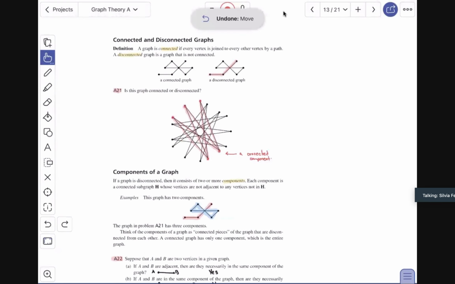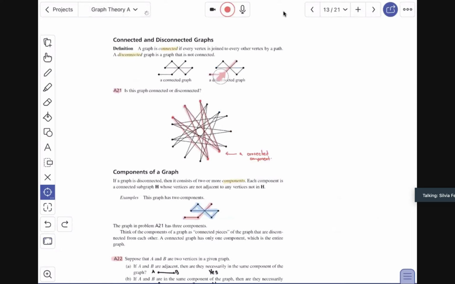So here you go. You see, a graph itself is connected if every vertex is joined to every other vertex by a path. So this graph is connected because you can find a way of traversing the graph and visiting all the vertices.